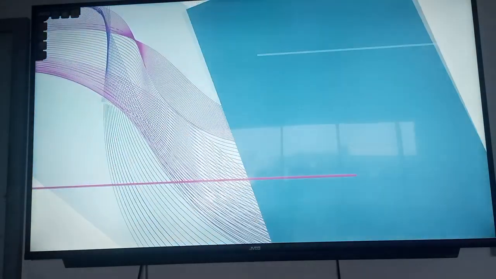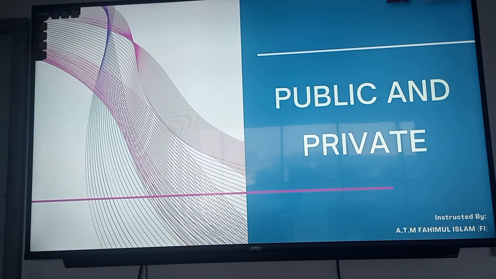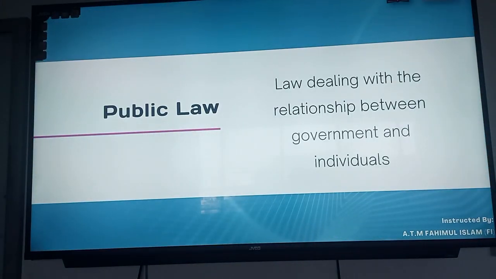What about private and public law? Public law usually deals with the relationship between the government and individuals. It is usually constitutional law, administrative law, it can be criminal law, it can be tax law.